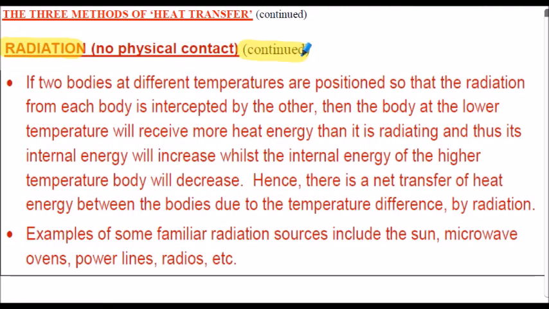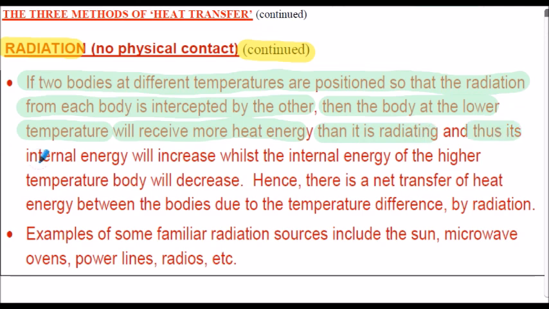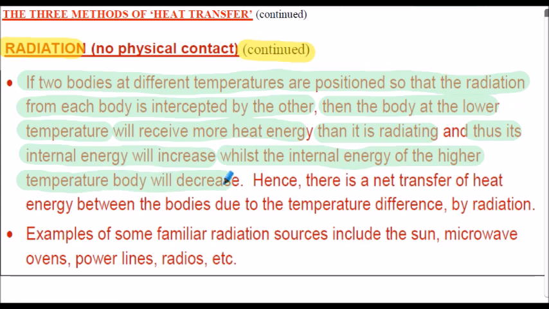Radiation continued. If two bodies at different temperatures are positioned so that the radiation from each body is intercepted by the other, then the body at the lower temperature will receive more heat energy than it is radiating. And so the internal energy of the initially cooler body will increase, whilst the internal energy of the higher temperature body will decrease.